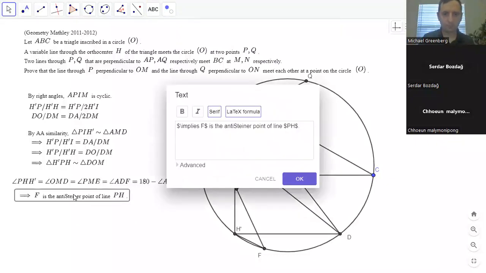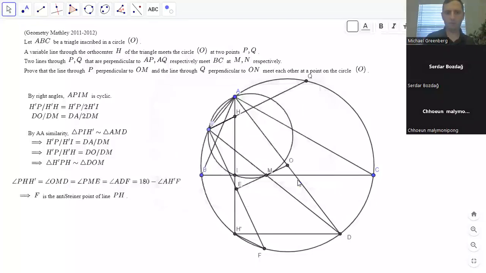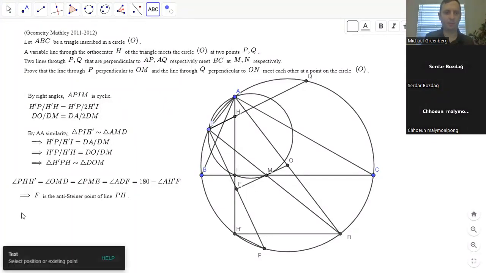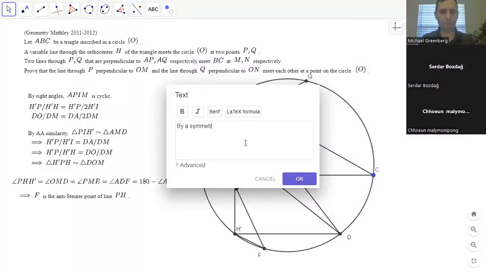And once we know that, by symmetry, F is the anti-Steiner point, or yeah, by a symmetric argument, I'll say. And that solves the problem. Okay.